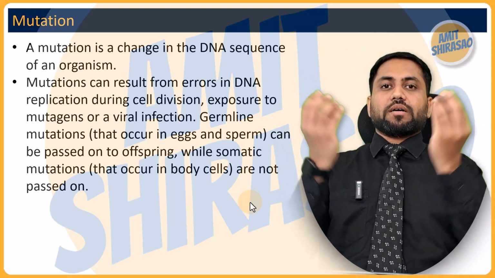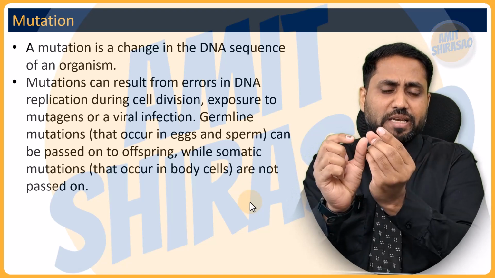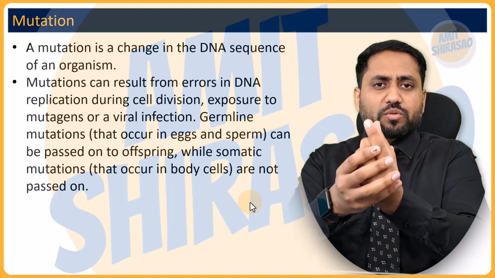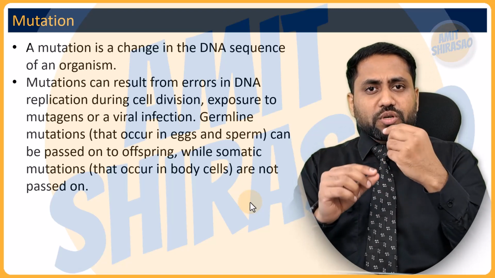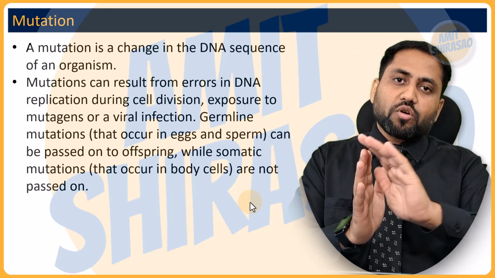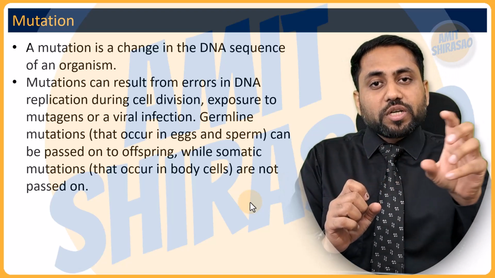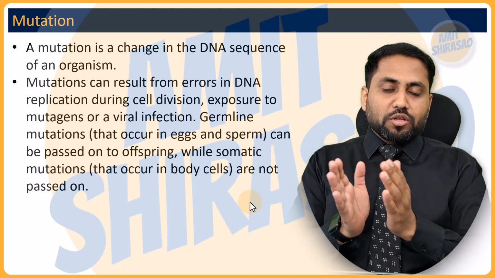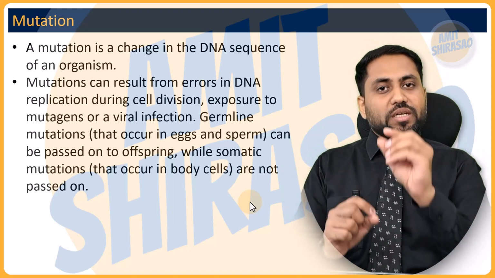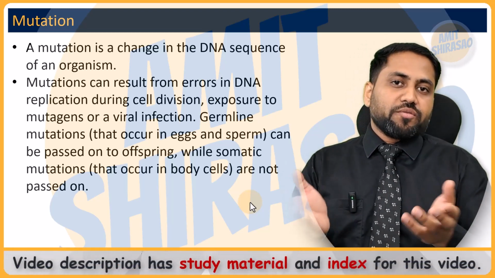But suppose when I was in the zygote state, I was one cell at that time, that first cell is called the zygote. If some mutation happens at the zygote state, then it will be passed on to all the cells, because all the cells in the body will be created as per that mutant copy. So all the cells will have that mutant gene, and that's why that entire human being will have mutant genes.